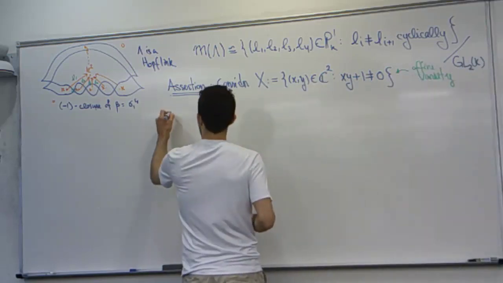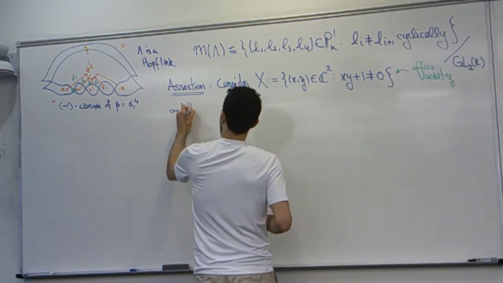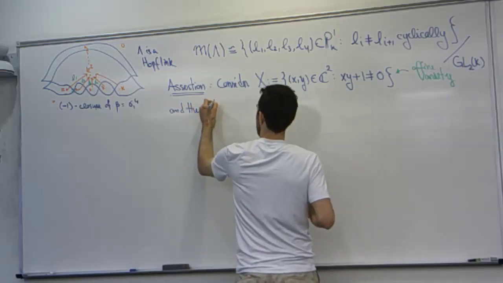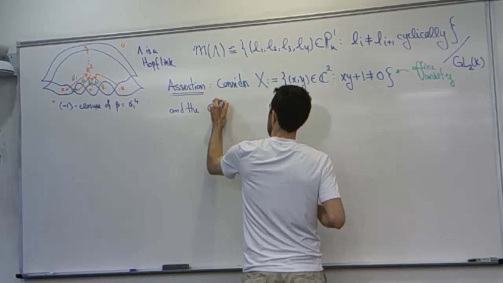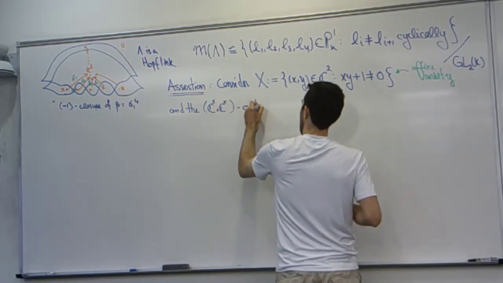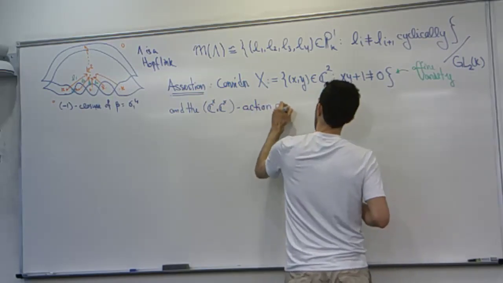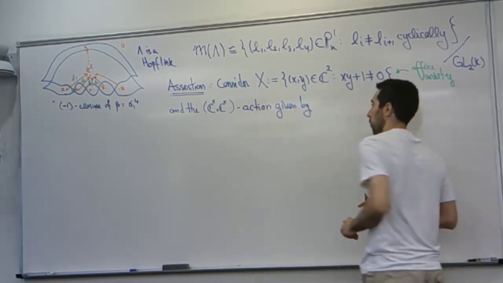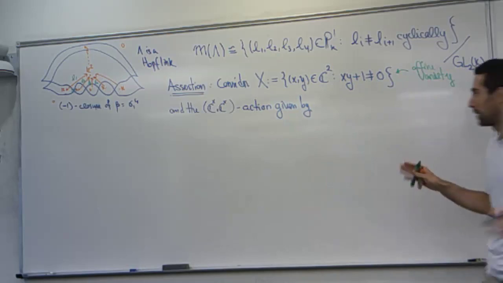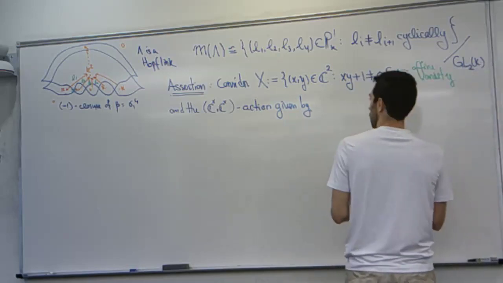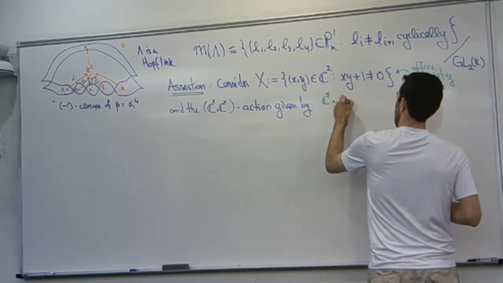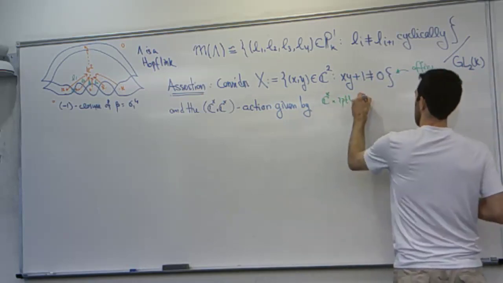It has an action. And since I'm going to do K equals C, the following action of the torus: so I'm going to have a torus acting here, C star times C star, action given by, so the first one is really easy. The first factor acts trivially, doesn't do anything. So first factor here, C star times point, trivial action.